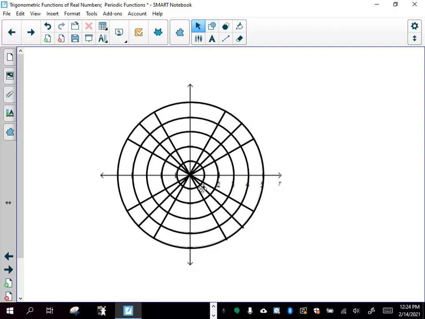If you take a look here, now it's kind of hard to see, but 1, 2, 3, 4, 5, these are the lengths of your radiuses here, or radii, I should say. And if I just take, for instance, this point right here, that is going to be your point based off of your t value. So that's going to be your xy coordinate point there, but it's based off of what your actual radius will look like.